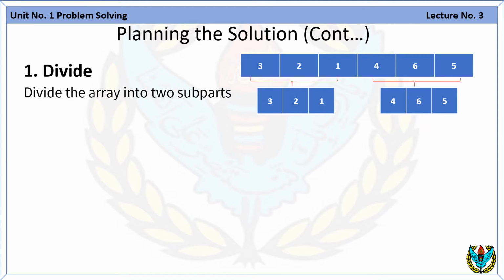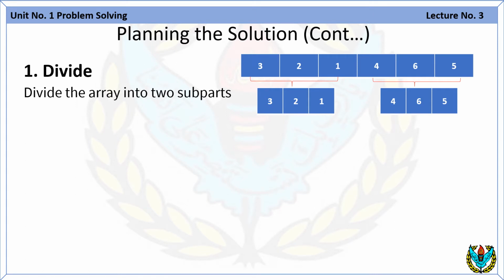After dividing it into two parts, the problem becomes much easier than the previous stage. For more convenience, we can also divide the subparts into more parts till we reach the stage where more division is not possible. But in this example, we will not have to divide it a second time because more division is not possible in this scenario.